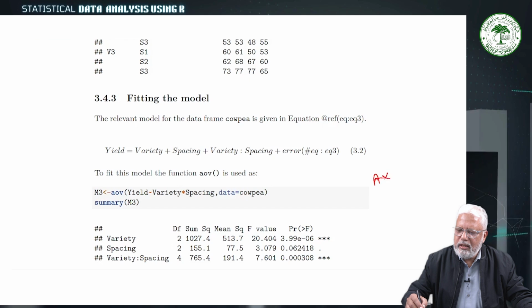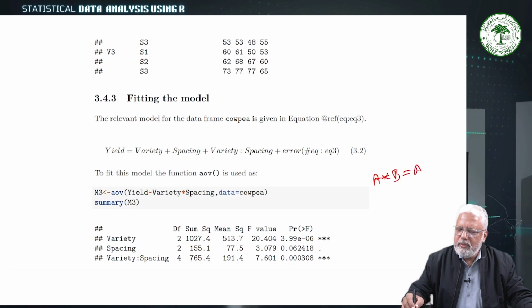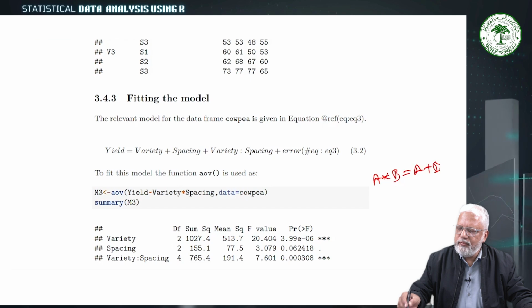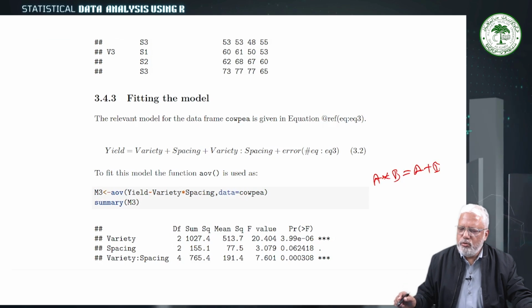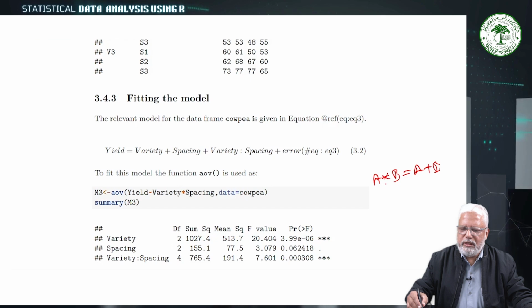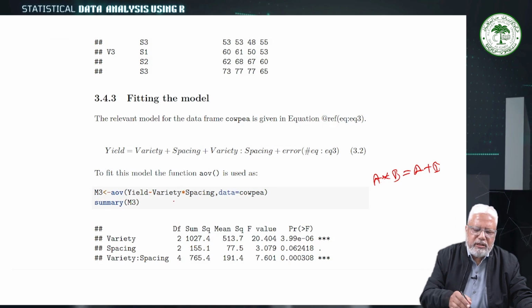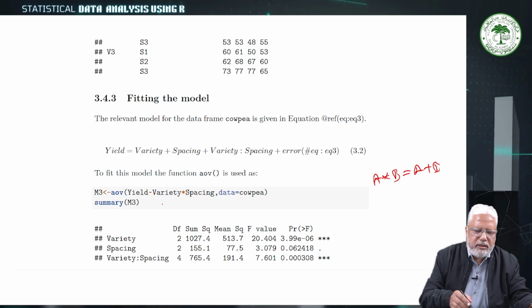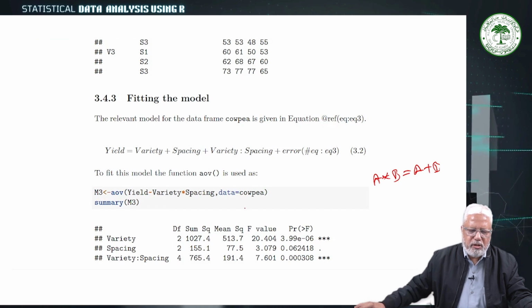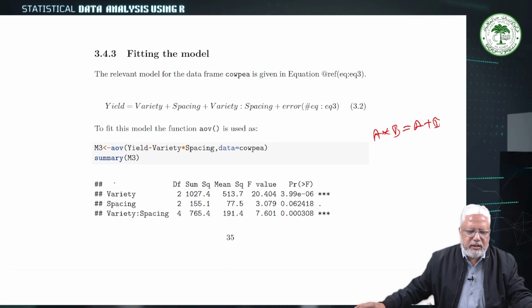If we write A star B, that is main effect of A plus main effect of B plus interaction effect of AB. So either you write this expanded form or the short form. So we have written the short form, variety into spacing, and data is equal to copy. So we are getting the results.